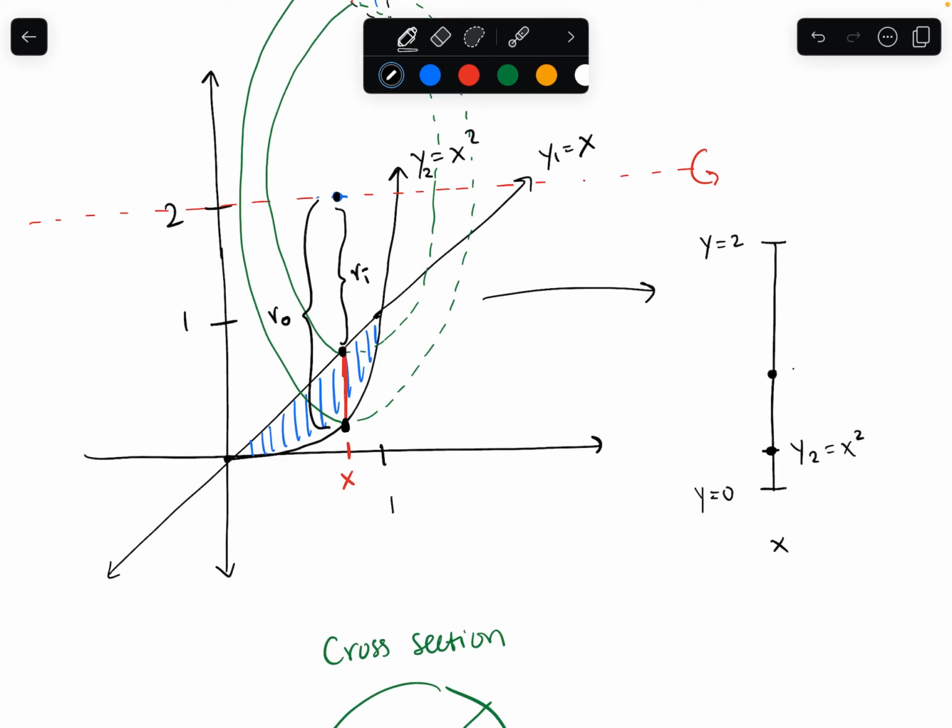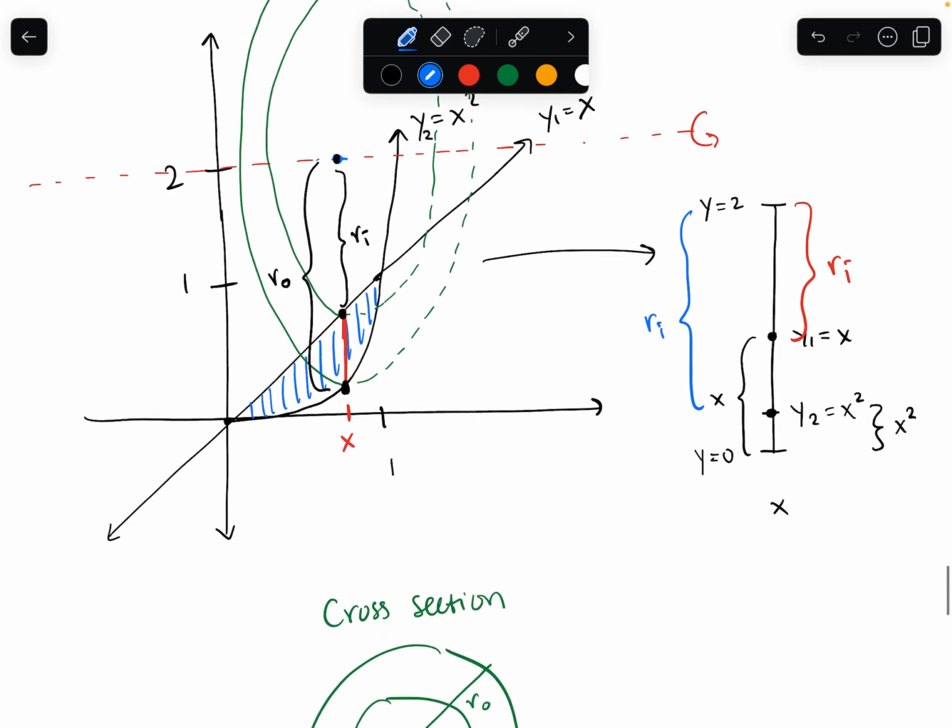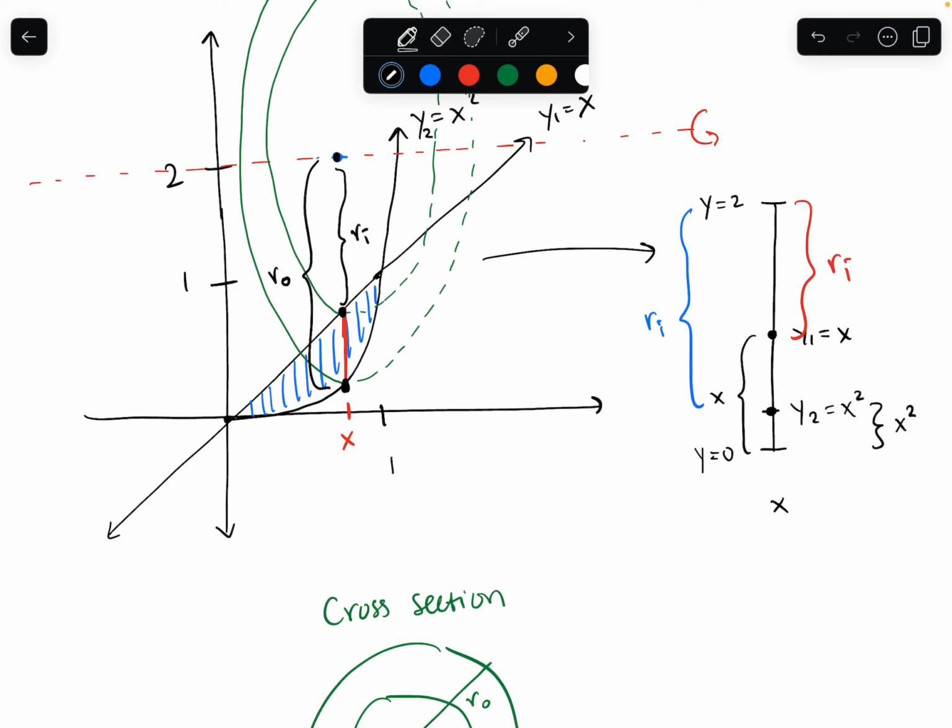And then let me put a different color out now. This part here in red that I'm missing is the inner radius. And this part in blue that I need to figure out is the outer radius. To figure all this out, you just look at the different pieces and see which ones add up to what you know.